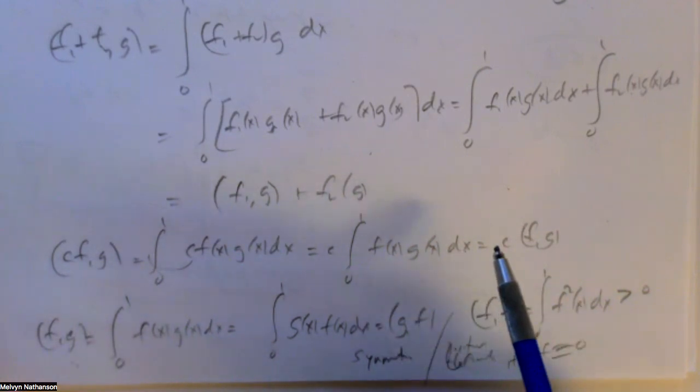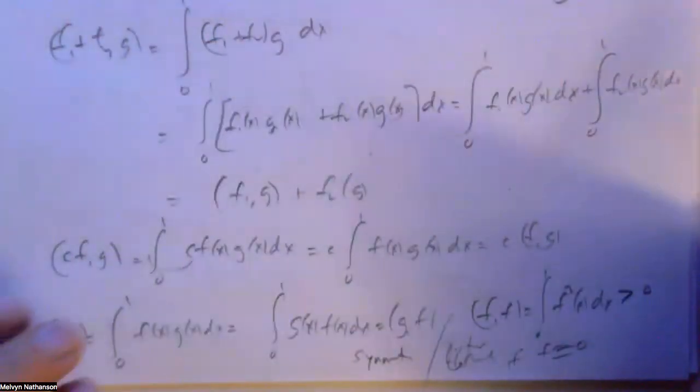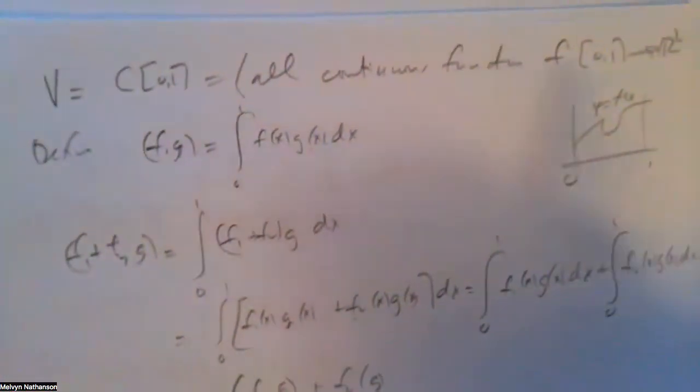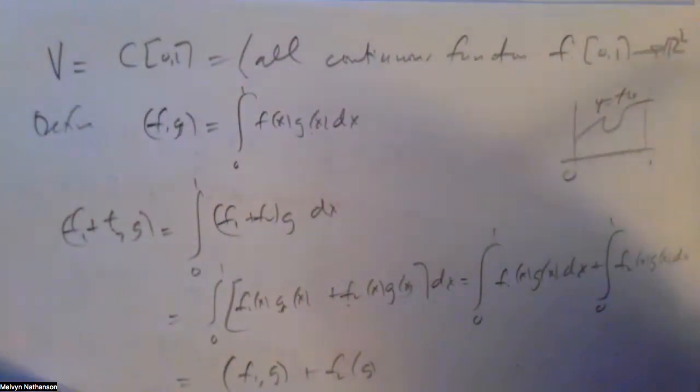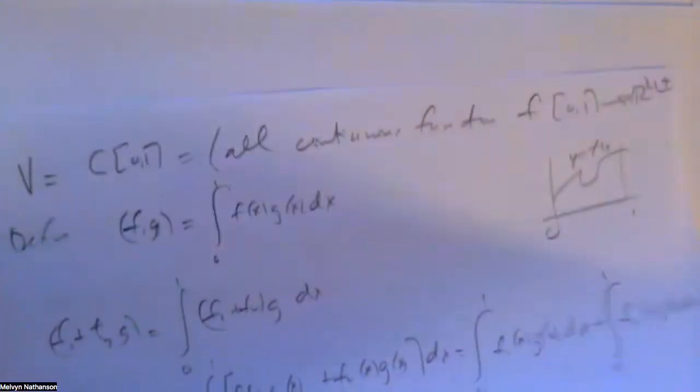So integrating the product of two functions is an inner product on the real vector space C[0,1] of continuous functions from 0 to 1. So that's a nice example to keep in mind. So you have a second example other than the standard inner product in Rn.